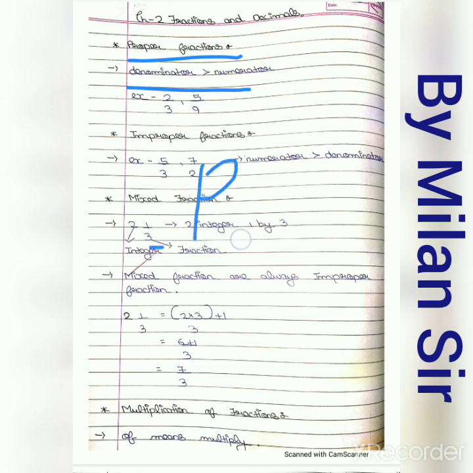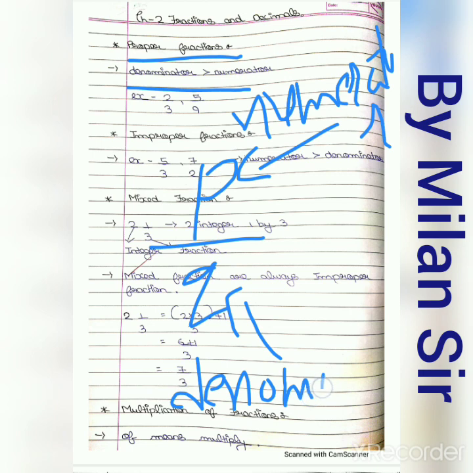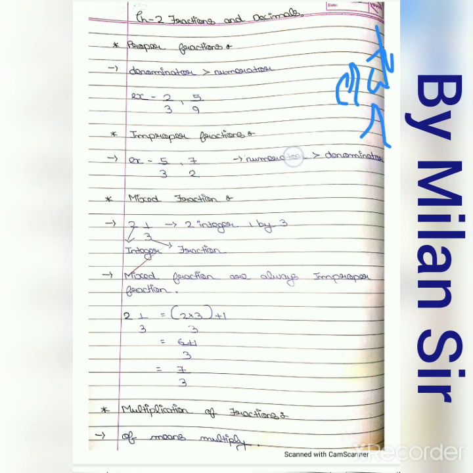If we write P by Q like this, then this is our numerator and this is the denominator. In a proper fraction, the denominator is greater than the numerator.